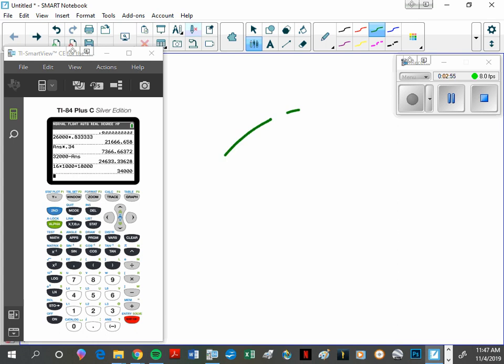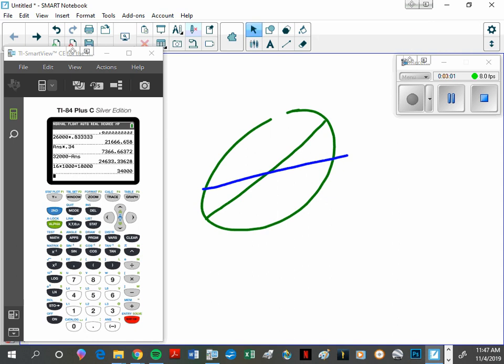So we have a football, and we have this line, and we have that line, and we have this line. So if you are in the 15th percentile for the X value, and you're in the 15th percentile for the Y value, which line are you going to land on?